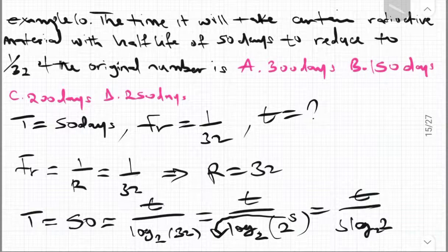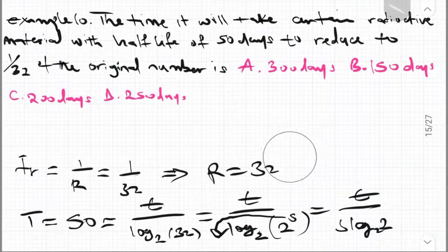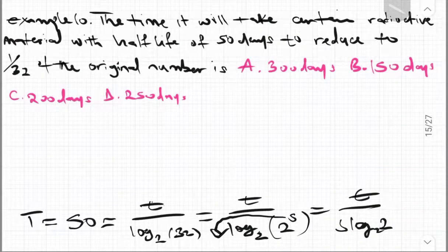Let's clean up the space here. Capital T is actually 50. So 50 is equal to small t over 5 log 2 base 2.